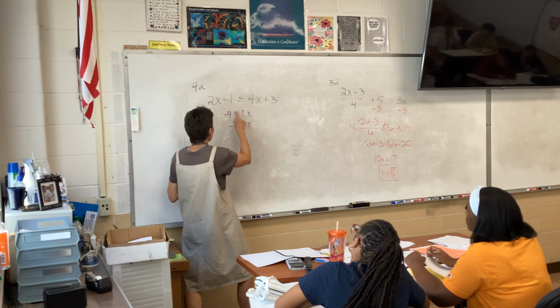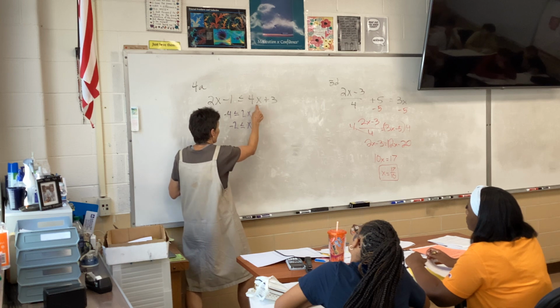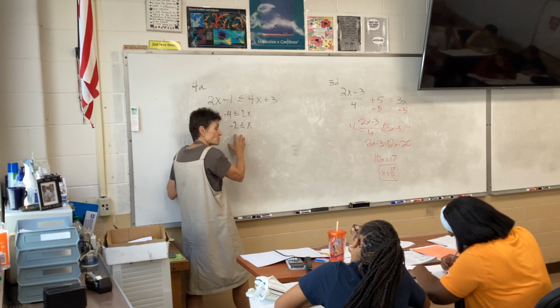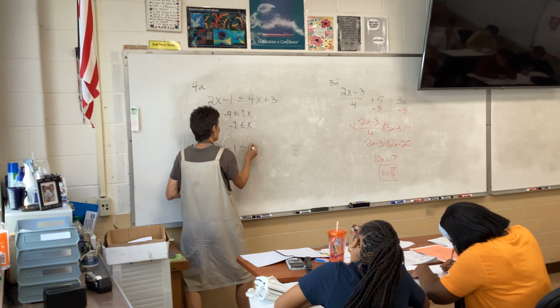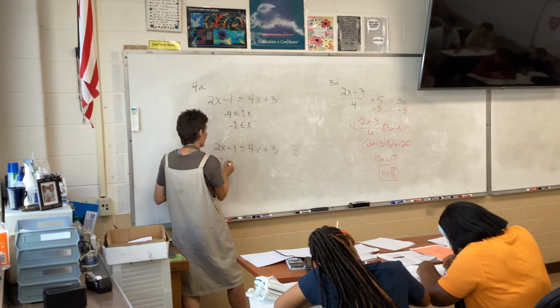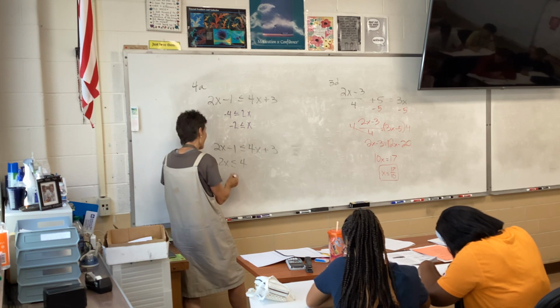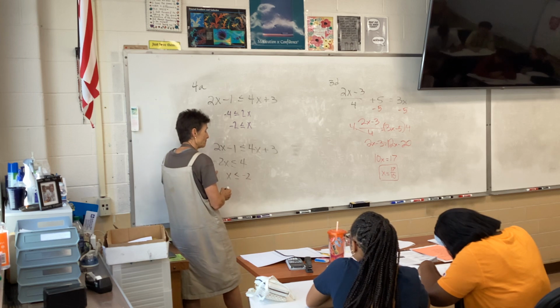Because of the way she moved things, she had a positive 2x, so she divided by 2, so her sign didn't change. If you did the problem in a different order, or moved things differently, like subtracted the 4x and added the 1, then you would be dividing by a negative 2, and then you would have to switch the sign.